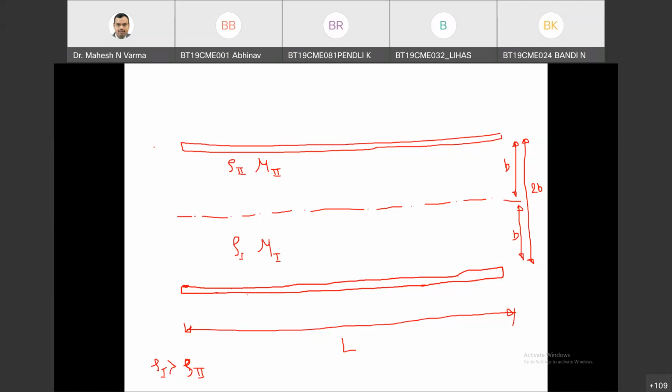If we consider the plate from 0 to L, it will be at the center, at B. Why at the center? So that it will be symmetric for both the fluids. Okay, yes, both the fluids.